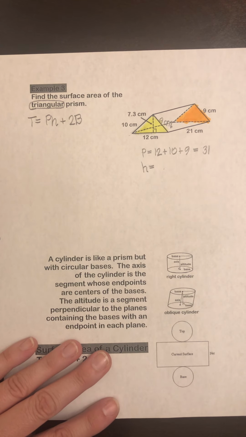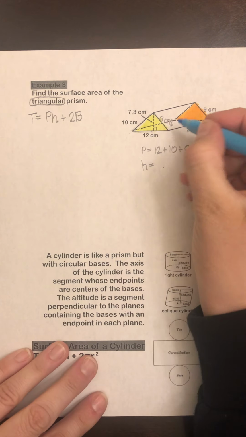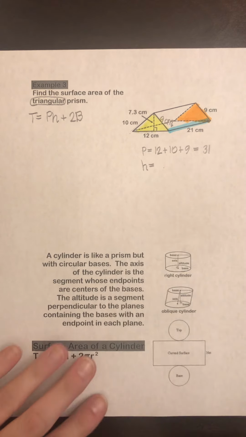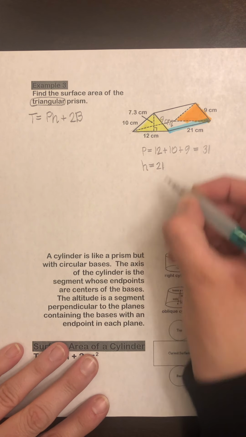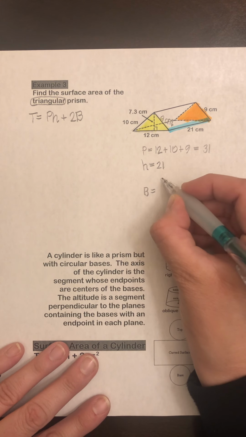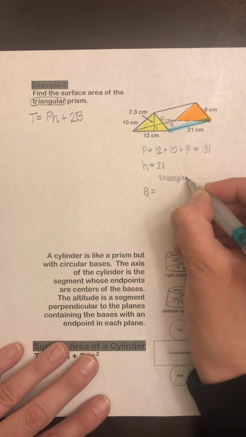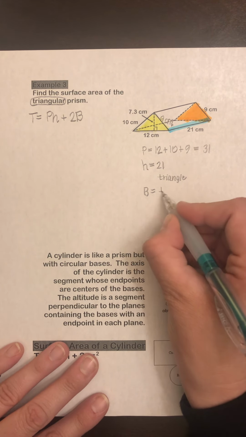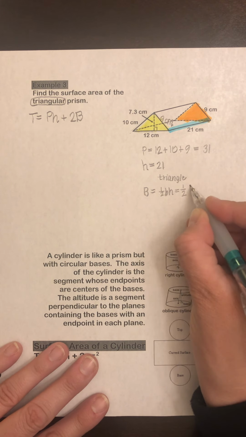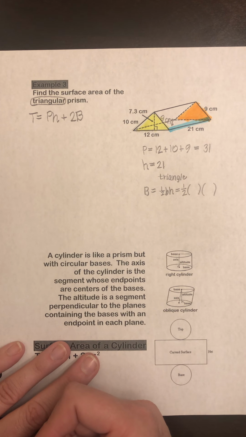All right, H. That means the height of the prism. So what is the distance between those bases? Right there. They are 21 centimeters apart. All right, now we're going to look for capital B. That means area of the base. Our base is a triangle. How do we find the area of a triangle? We do 1/2 times base times height. Now remember, when you are doing that in a triangle, and we said this in the last example, your base and your height need to form a right angle.